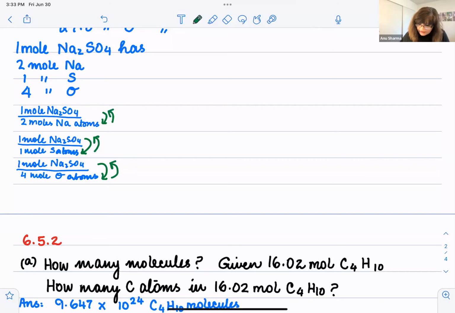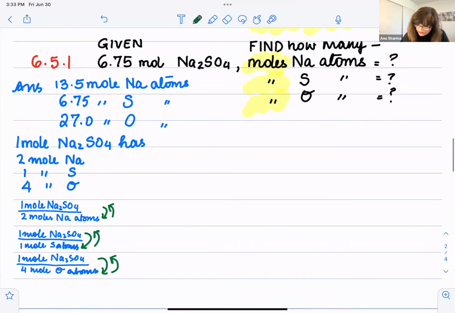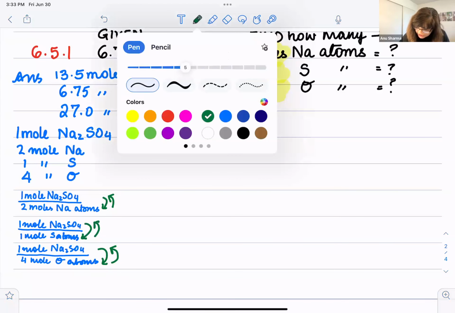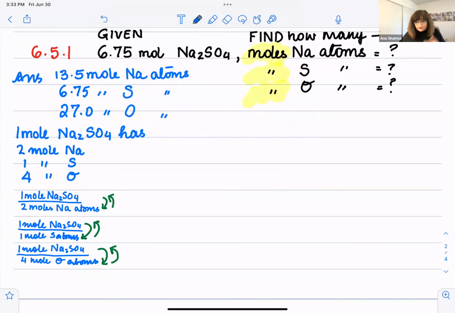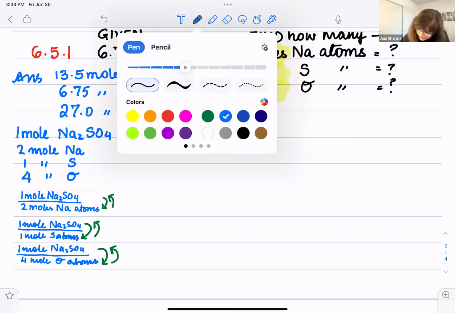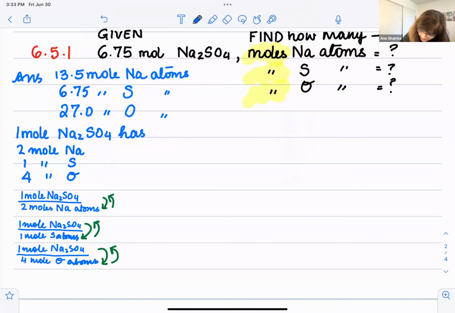Our focus here is on each one of them, but we are going to take the conversion factor in which the moles of oxygen are on the top. Let's look at the relationship of sodium atoms first.